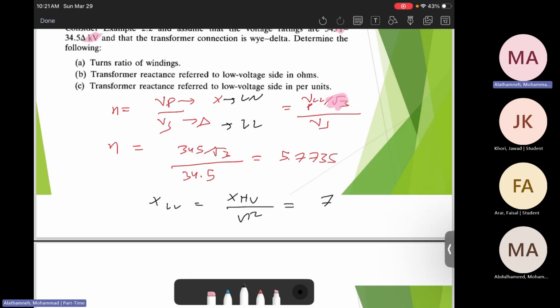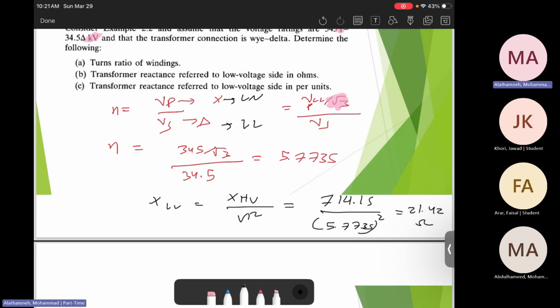So it will be 714.15, which we already calculated before, divided by the turns ratio squared, 5.7735 squared, which is 21.42 ohms.